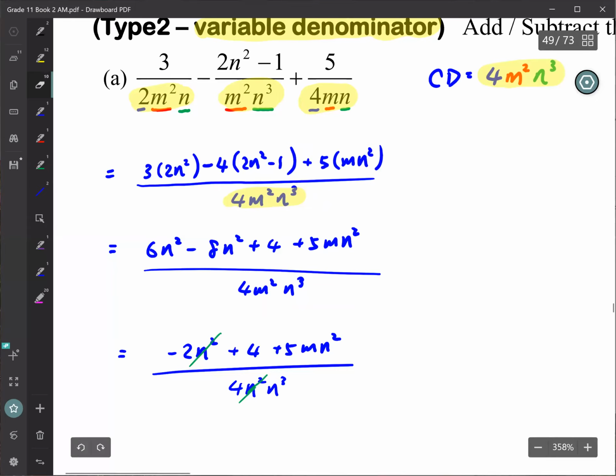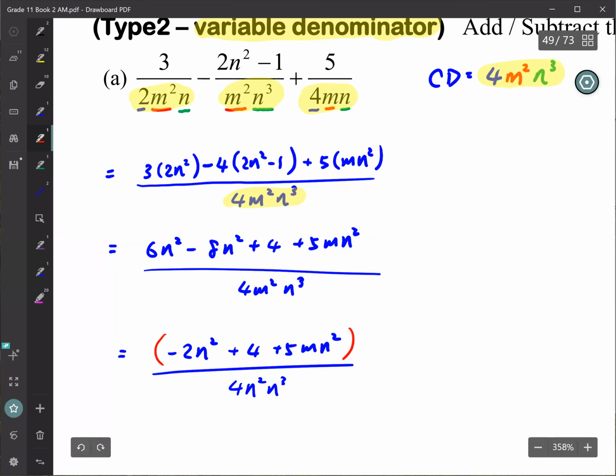You have to cancel out n squared from all of them. Very good. Negative 2n squared is connected with plus 4 by an adding, so everything on the top is one thing. They are all connected, so you cannot break it apart and try to cancel it. So this will be your final look.